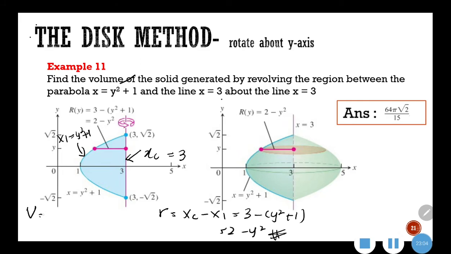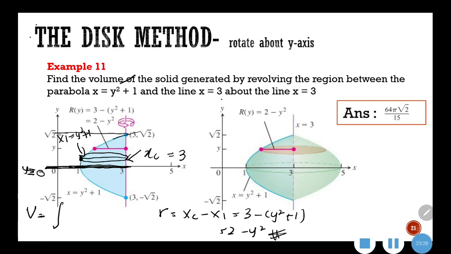Saya tulis kat sini integration from your dia punya radius kat sini is starting kita rotate macam ni kan. So maknanya dia punya dy, and integration is starting from this line. From this line is y equals to 0 sampailah y sama dengan berapa ni?